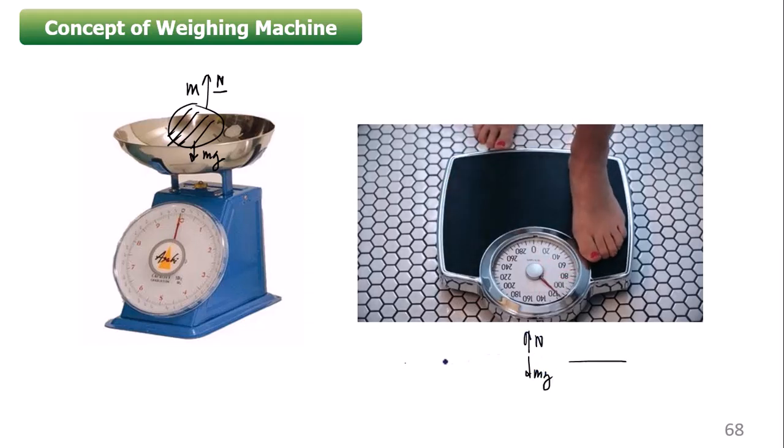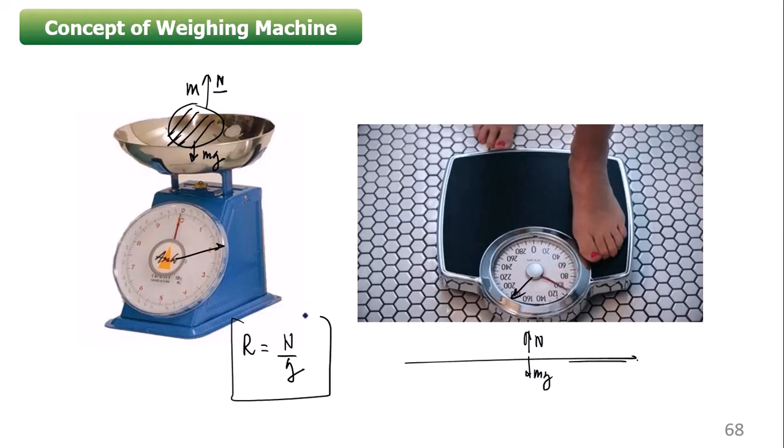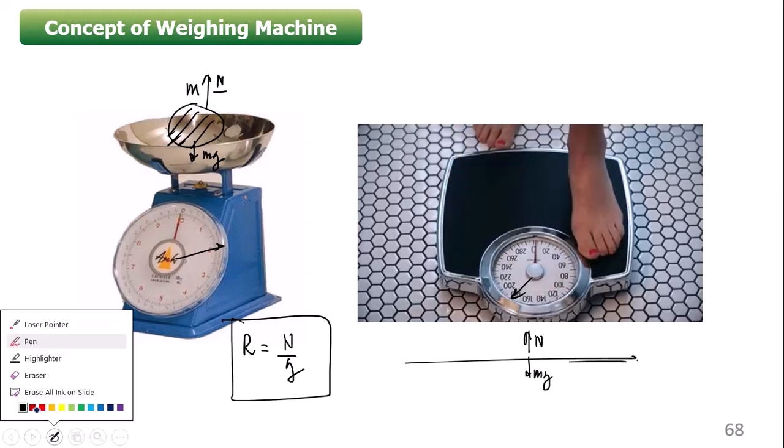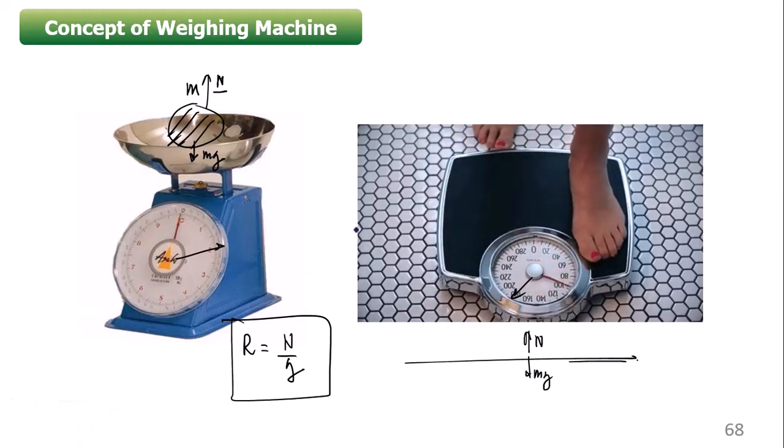Now what is the reading of the weighing machine? The reading of the weighing machine is this indicator, that indicator. That is called R. R is N by g, where N is the normal contact force coming on the weighing machine. That is the reading. If the weighing machine is at rest, then N is equal to mg, divided by g gives m.